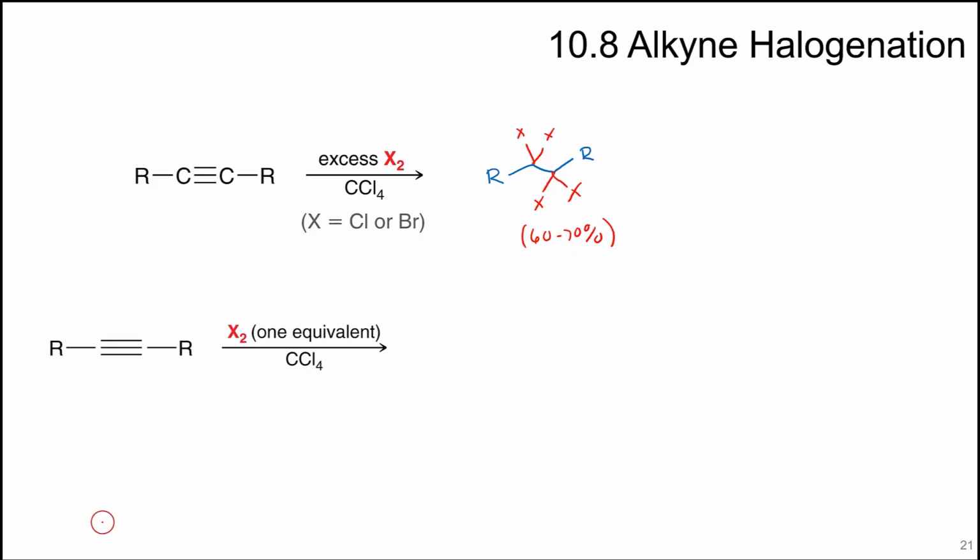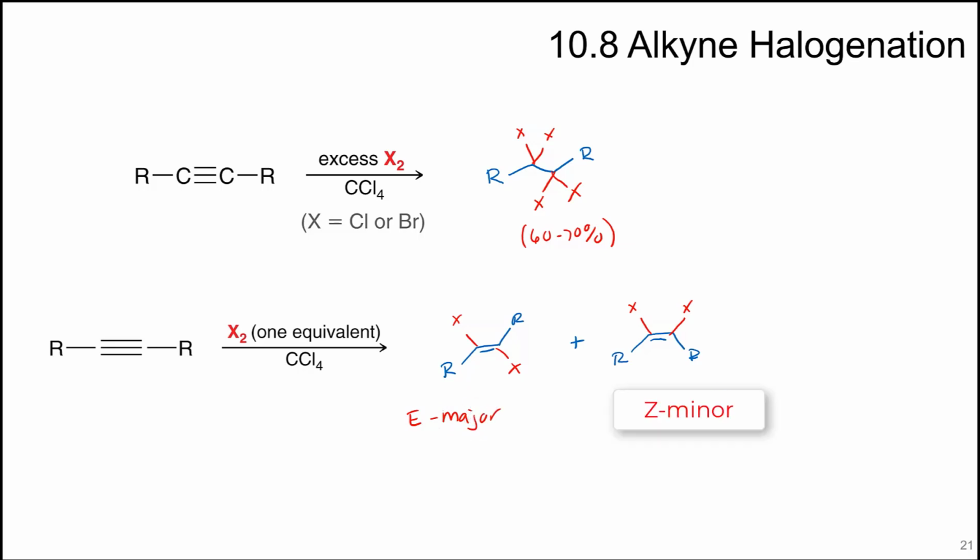If you add only 1 equivalent, we'll get the Z and the E. This is the major product. That is minor. So this halogenation undergoes anti-addition.